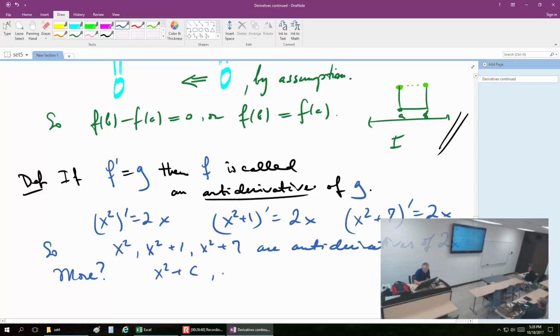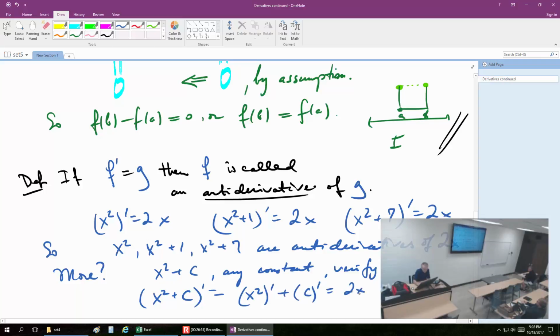X squared plus any constant. Well, let's first verify. Indeed x squared plus c prime is equal to, by the sum rule, simply x squared prime plus c prime, and we have 2x plus 0 is equal to 2x, so it checks out.